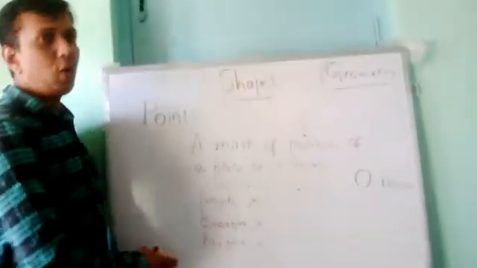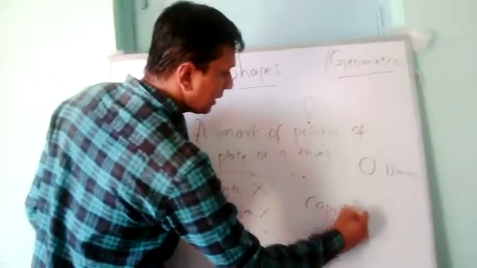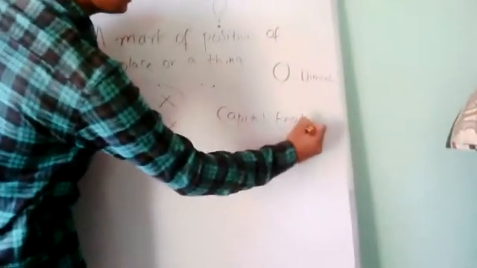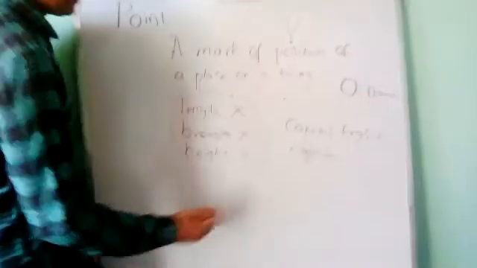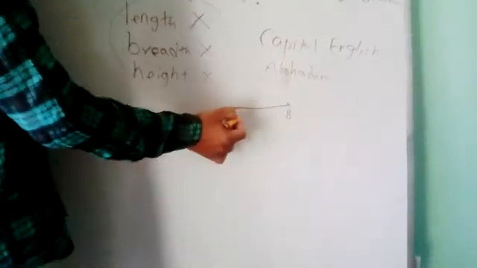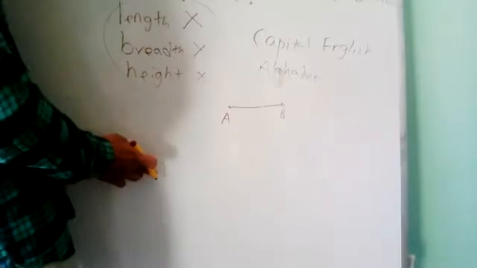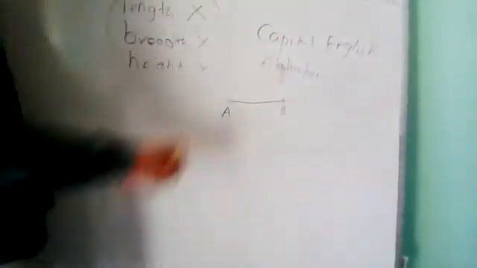And we can name the point also. We use capital English alphabets to denote a point. For example, a person moved from point A to point B. Take these locations on the map: A is Anantapur and B is Bangalore.